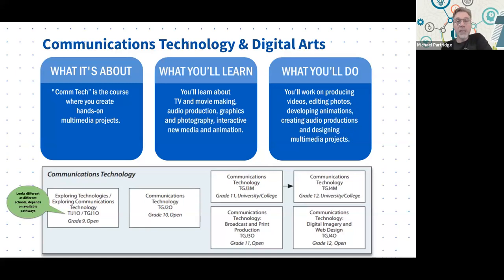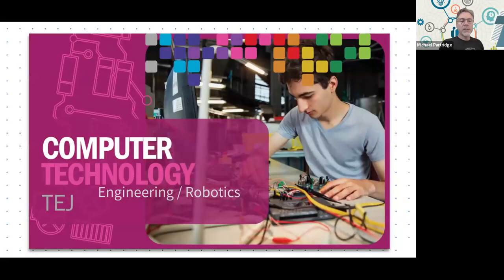Okay, so you must take that to get to the grade 12 course. So that's creative arts, creative digital arts. And those are done in computer labs with all sorts of different types of equipment, cameras and lights and recording equipment, etc.